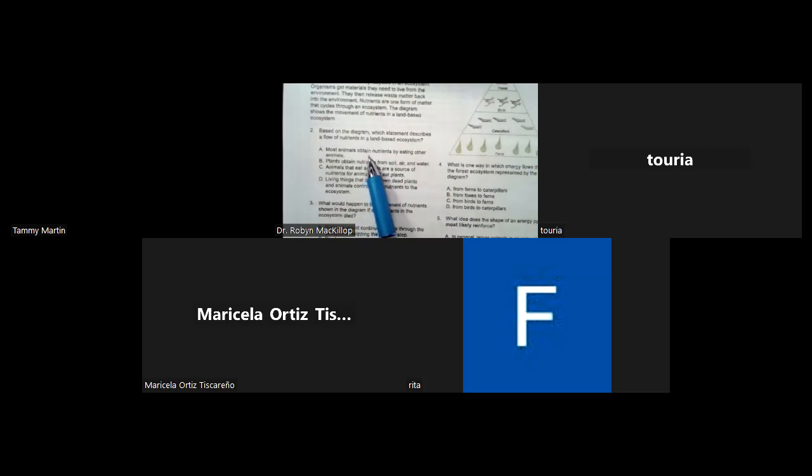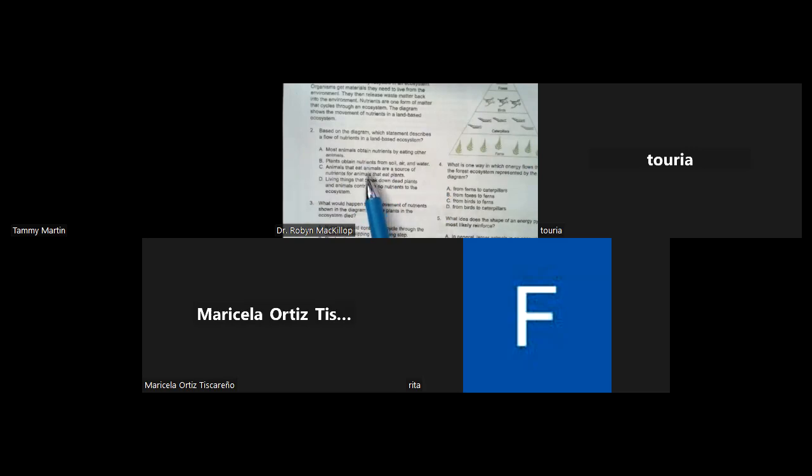Let's see, most animals obtain nutrients by eating other animals. That's not necessarily true, is it? Because a lot of animals are herbivores. They only eat plants. Plants obtain nutrients from soil, air, and water. And that's true. Animals that eat animals are a source of nutrients for animals that eat plants.